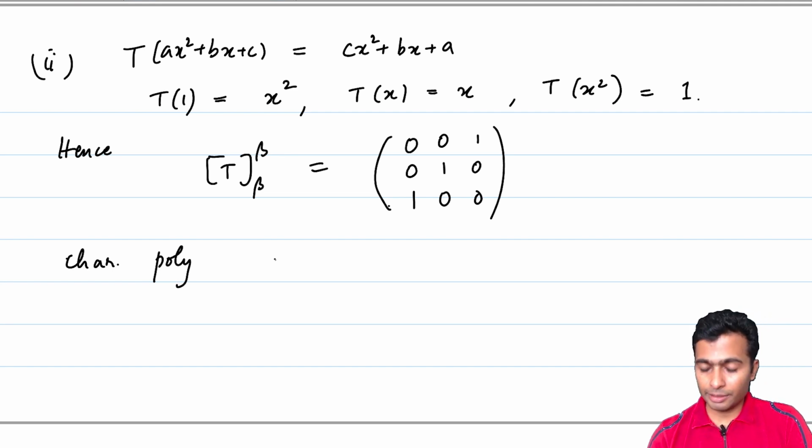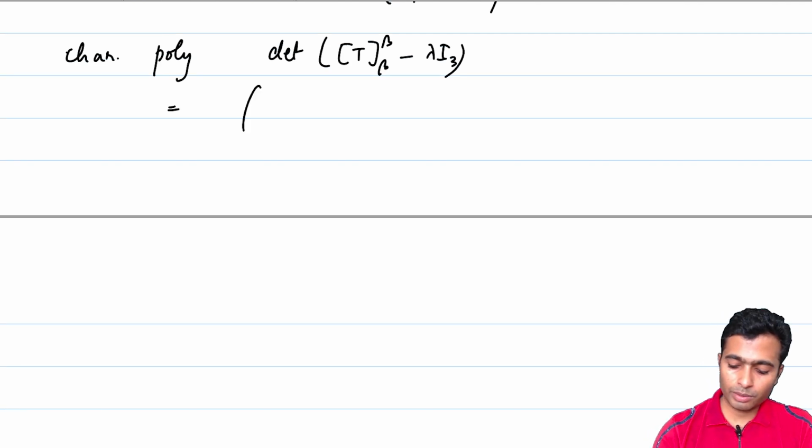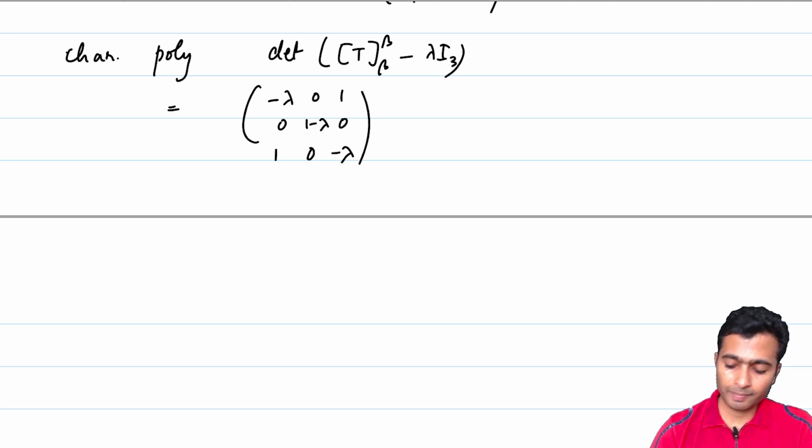The characteristic polynomial is the determinant of the matrix T beta minus lambda I, again 3 by 3 here, which is just going to be the determinant of minus lambda, 0, 1; 0, 1 minus lambda, 0; 1, 0, minus lambda.